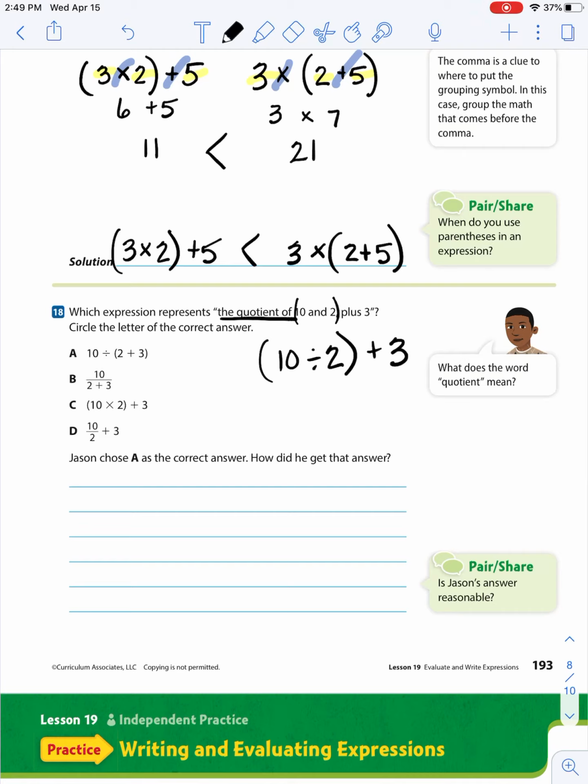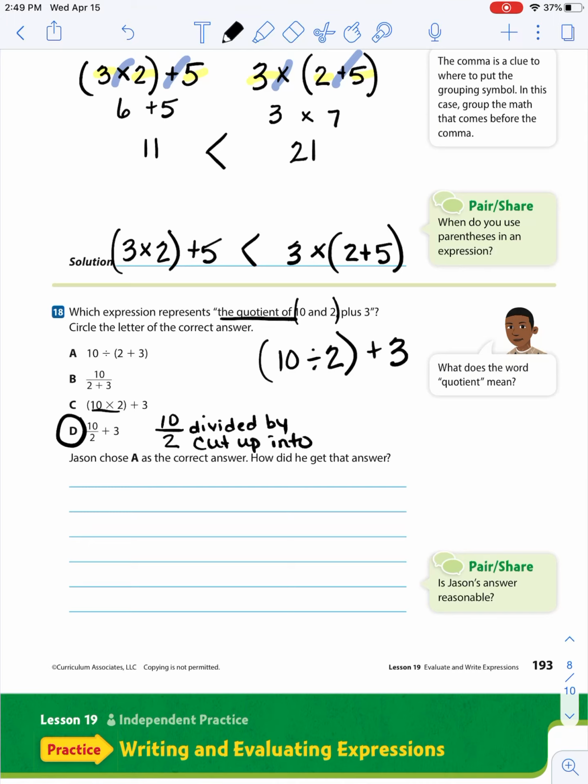Oh, no, not the first one. Not the second one. Oh, it's the last one. It's not this one. That's multiplying. Remember, 10 over 2 is an improper fraction, but it also means 10 divided by 2.